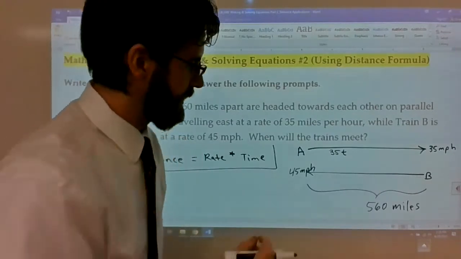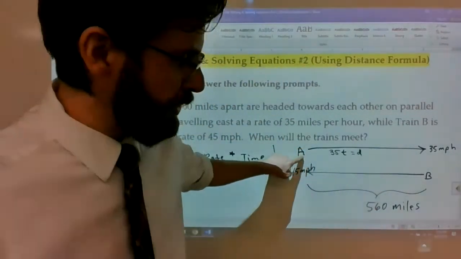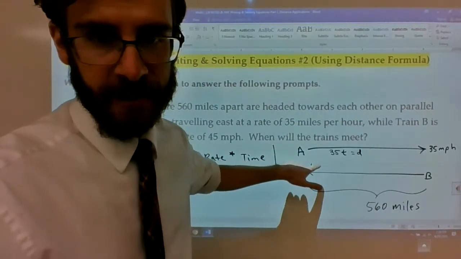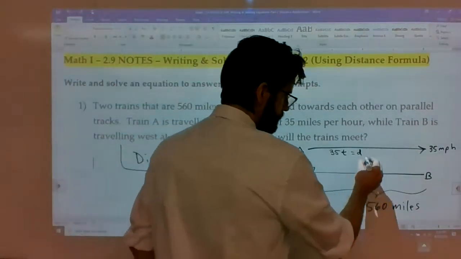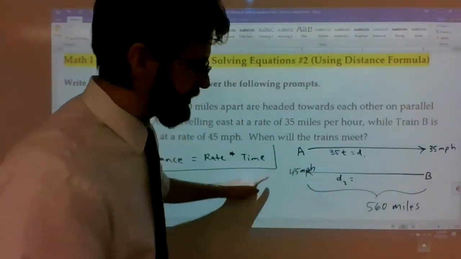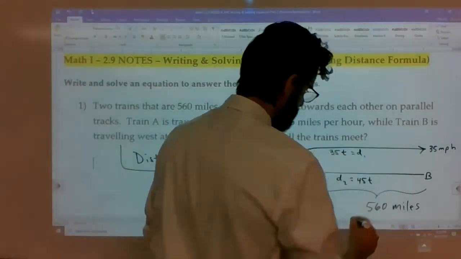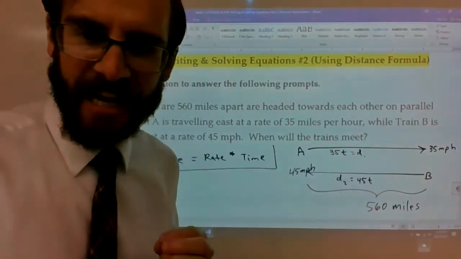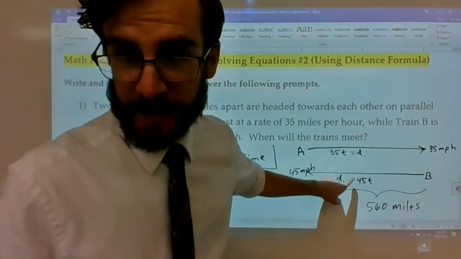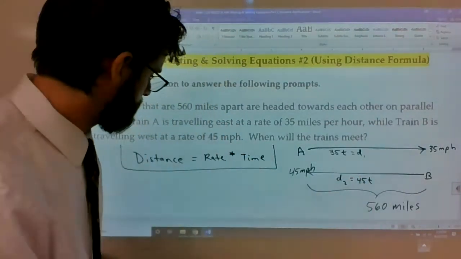Bottom line is, the distance that train A travels is 35t. The distance that train B travels is 45t. Together, distance 1 plus distance 2 gives us 560 miles.